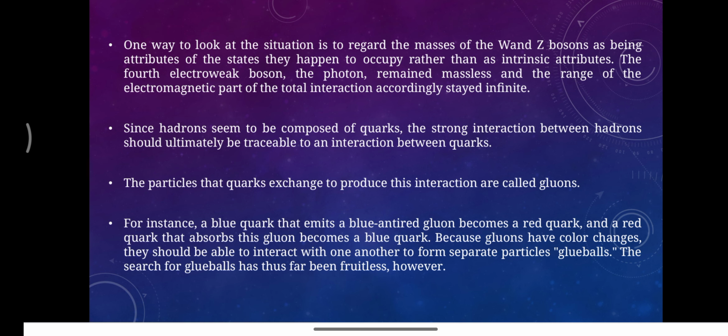Gluons are massless and travel with the speed of light, and each one carries a color and an anticolor. The emission or absorption of a gluon by a quark changes the quark's color.